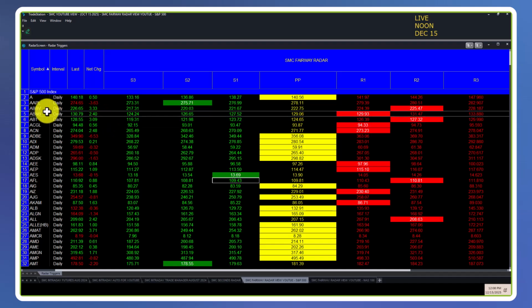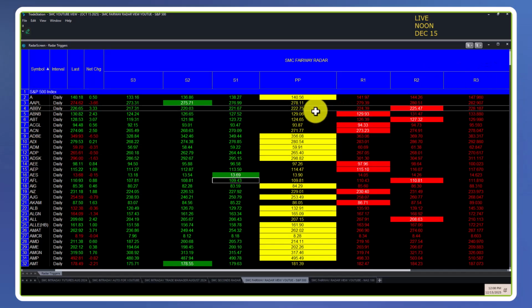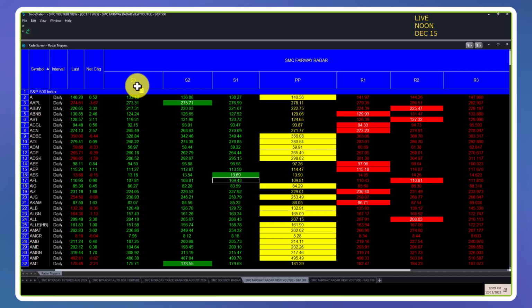What happens is this: we have all 500 loaded in, and here we have the pivot point. This is the daily pivot point, R1, R2, R3, S1, S2, S3, and this is on a daily basis.